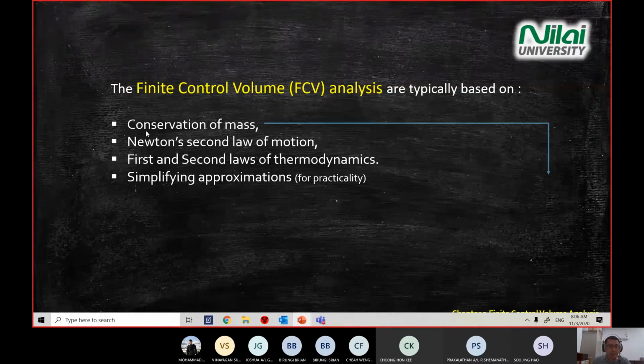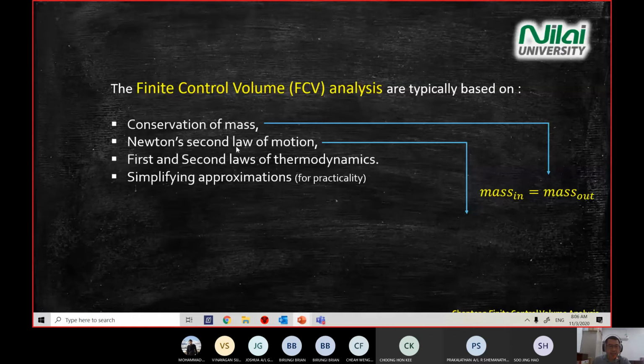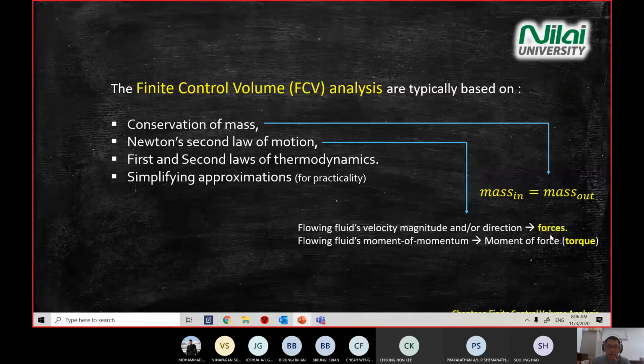Conservation of mass deals with mass in and out. Second Newton law of motion deals with force and torque. Last week we looked at lots of things on force. Today we're going to look at torque.